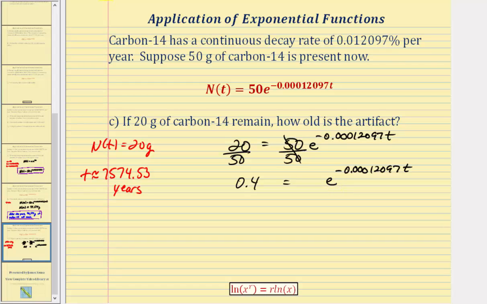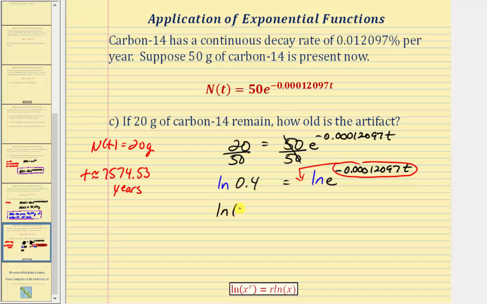Now here's where we're going to use logarithms, and because we have base e here, it'll be more convenient to use natural log. So we'll take natural log of both sides of the equation, and now on the right side we're going to apply the power property of logarithms, which allows us to take this exponent here and write this as a product where we have the exponent times the natural log.